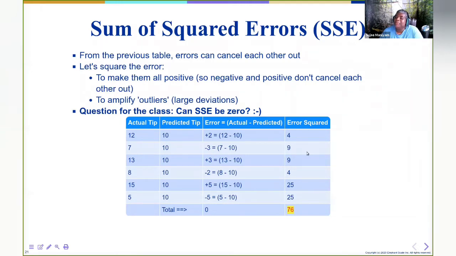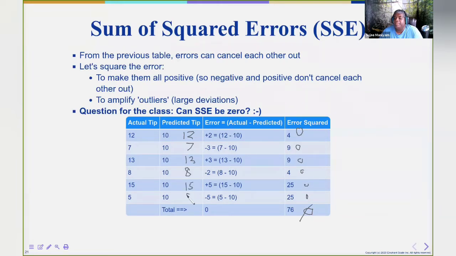So the only way this can be 0 is if everything is 0. Think about this, because remember, there's no canceling. Everything is a positive number. So the only way the total can be 0 is when all the errors are 0. Exactly. What does all the errors being 0 mean? It means my prediction exactly matches the actual value. A perfect model.